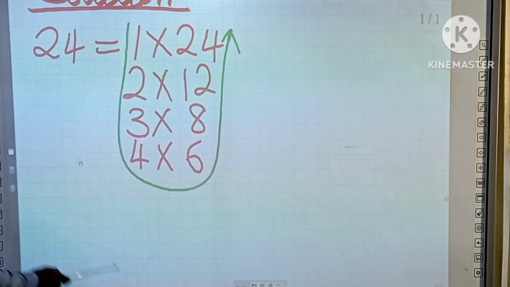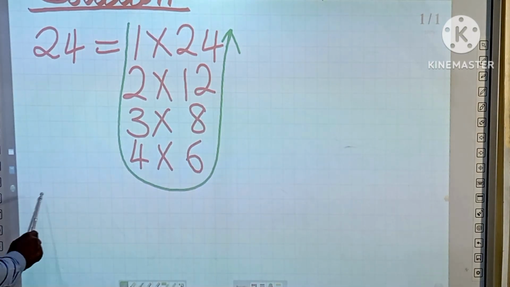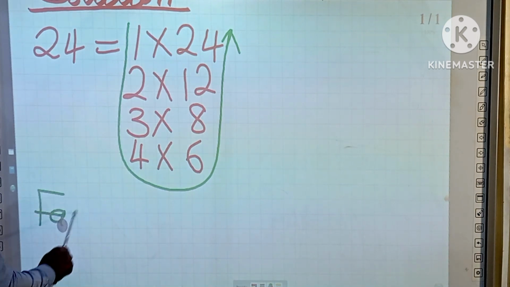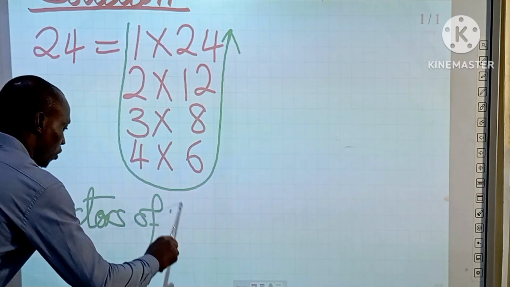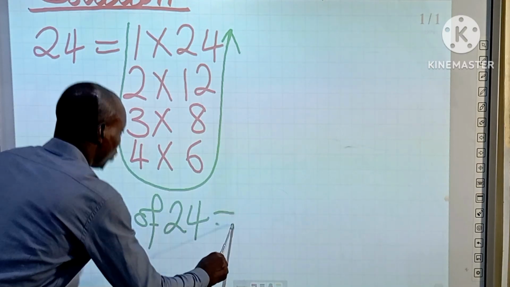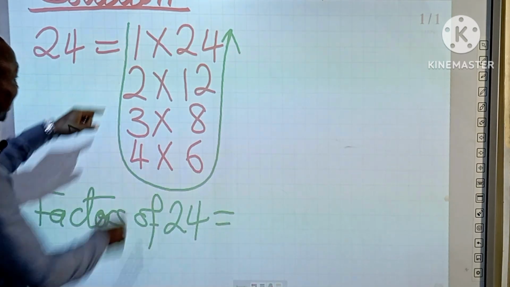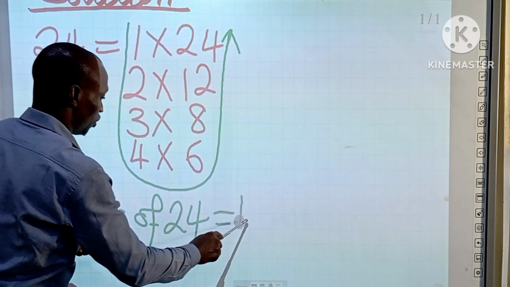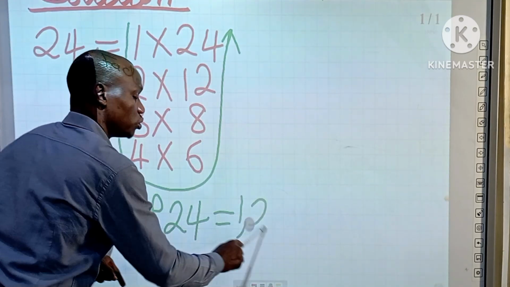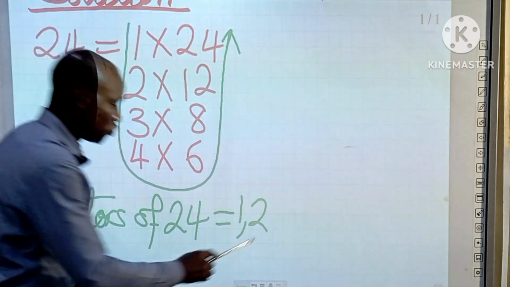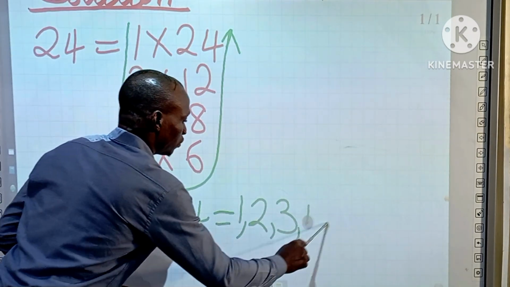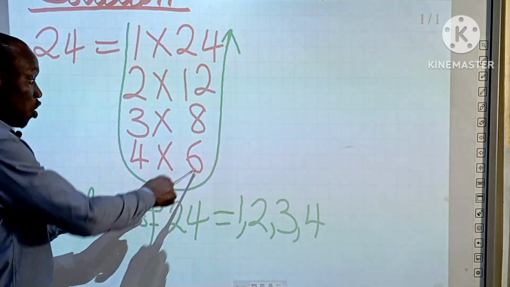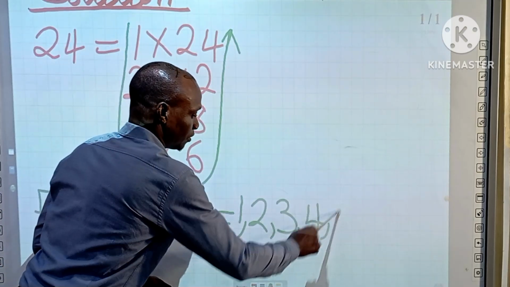With this, we go straight and write it out. Factors of 24 will be equal to, as the line moves, starting from this one, 1, the next is 2, followed by 3, and I have my 4. We move to the other side, which is 6.